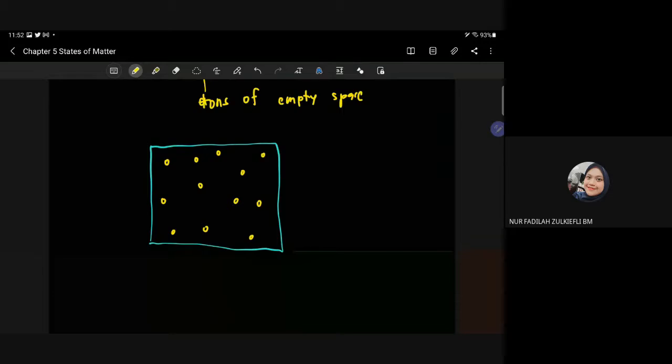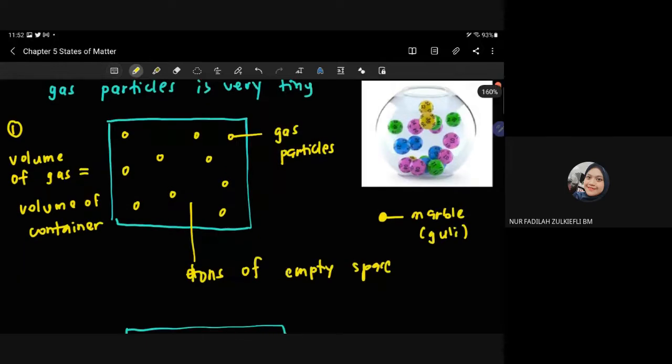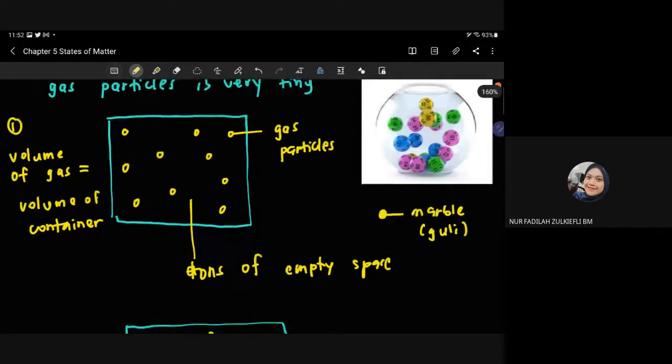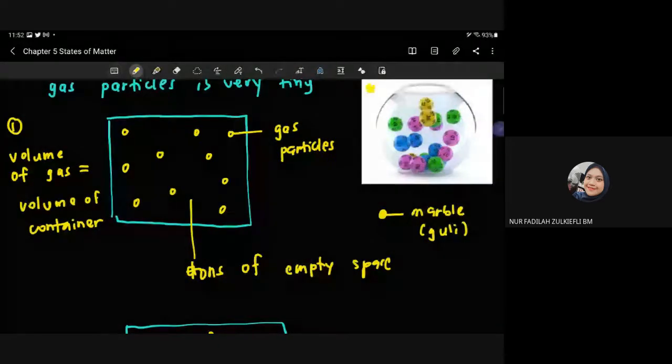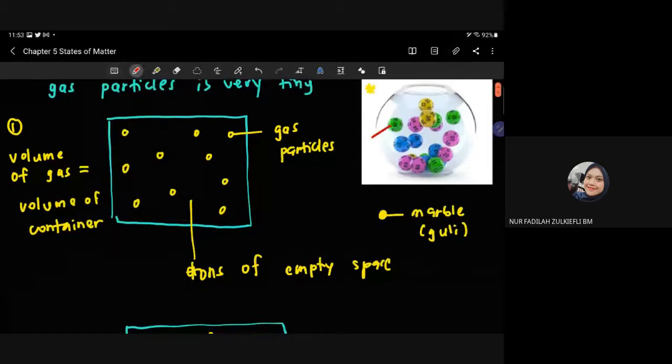Okay, kalau awak tak nampak macam mana gas particles dalam container ni bergerak, cuba awak bayangkan. Okay, teacher ada lukis dekat sini, ni diagram teacher buat. So ini adalah bowl, mangkuk ni. Okay, fokus pada diagram ni. Dalam bowl ini ada bola pingpong. Ni pingpong ball.